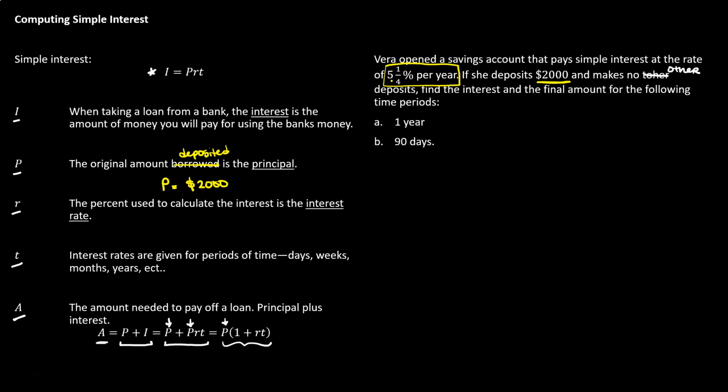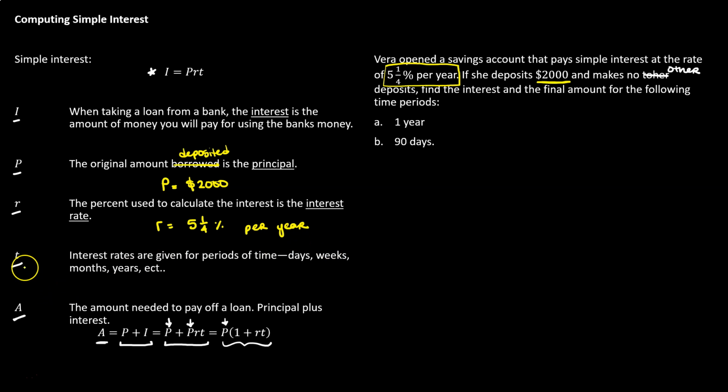So it would never just be 5.25%, period. It needs to tell you what that interest time frame will be, and this is saying it's going to be annually, every year. So we know our interest rate is 5.25% per year. So those go together.